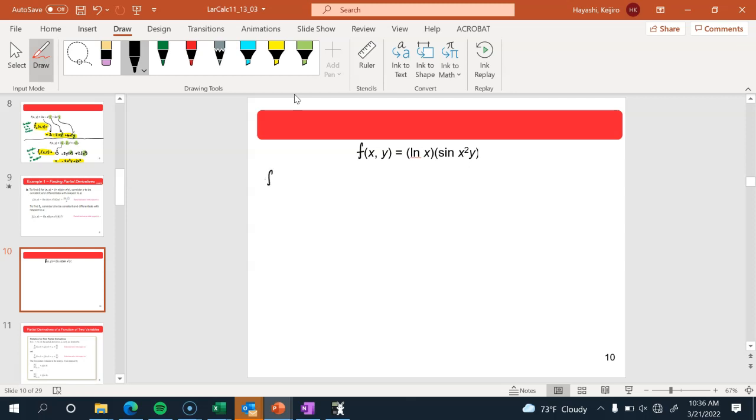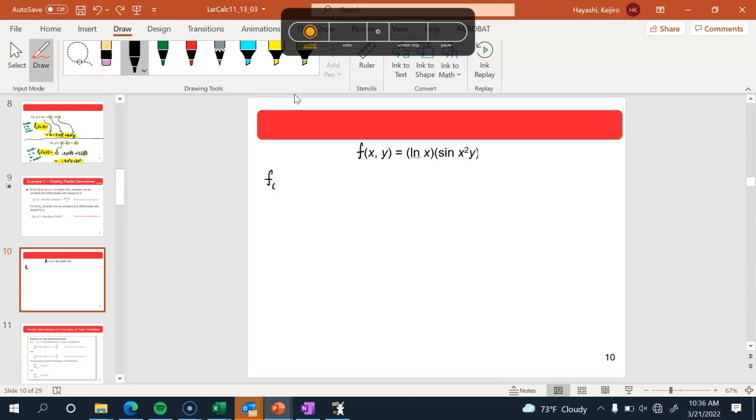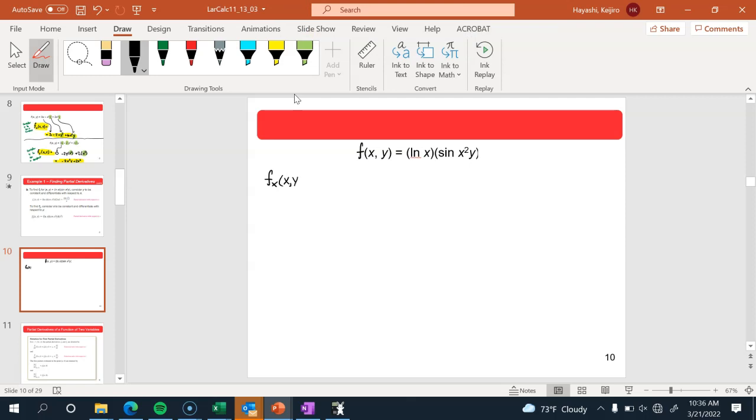So to find the partial derivative with respect to x, so f sub x of x and y. Now with respect to x, this y is a constant.